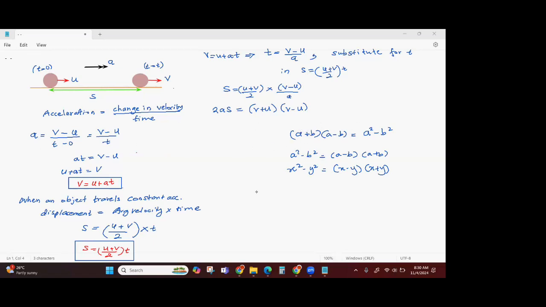Suppose you have a plus b times a minus b. First you multiply a with a, so you get a squared, then plus and minus gives minus ab, then plus and plus gives ab, and then minus b into b is b squared. So minus ab and plus ab cancel, and you get a squared minus b squared, right?